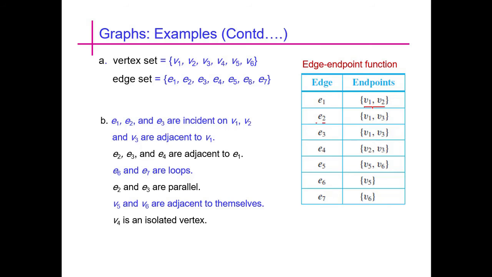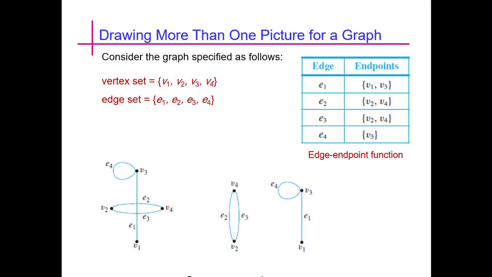from the vertex set. Consider a drawing of a graph, and we can see that we can draw it in many other ways. So for this graph in which we have some vertices and edges, we can also draw this graph like this, shown in the figure.